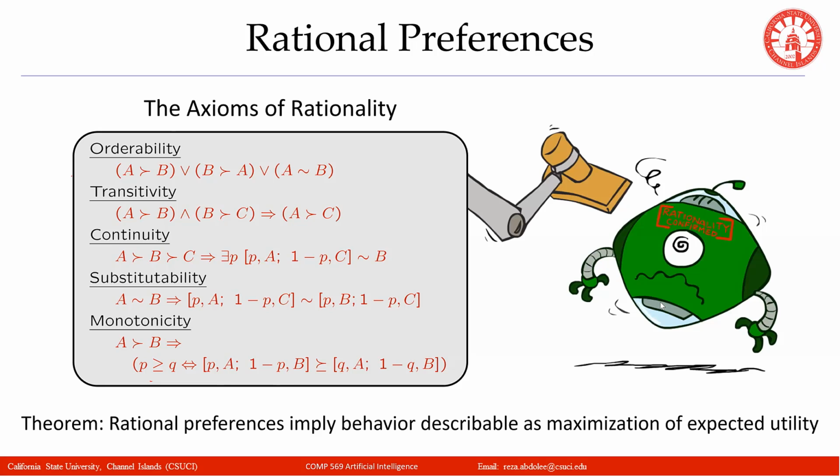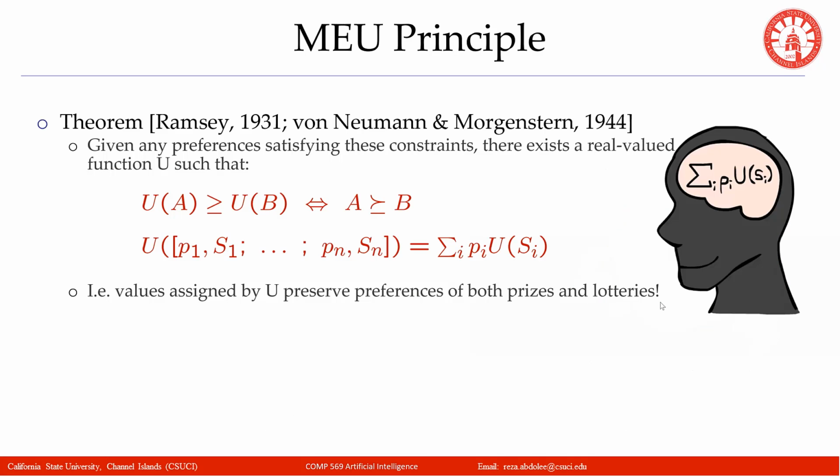Okay, if an agent follows all these axioms, then we can give it the rationality stamp. Basically, when we are designing our agent, we have to make sure that all these axioms are applied in order to call the agent a rational agent.